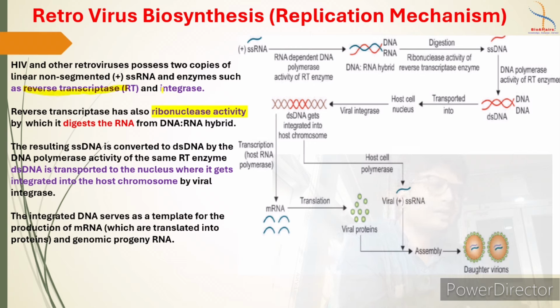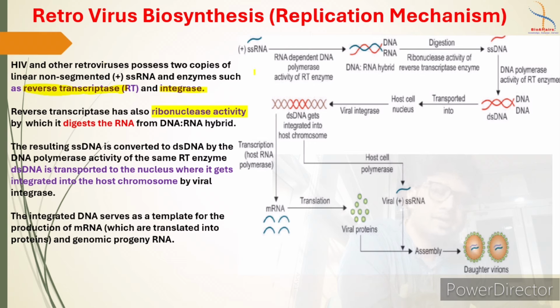They can prepare them later again when hijacking or overtaking the host machinery, but the initial work, or most of the work, is done by their own viral reverse transcriptase and integrase. So let's understand one by one. They have a huge advantage with positive single-stranded RNA, right? Because it can directly act as an mRNA.